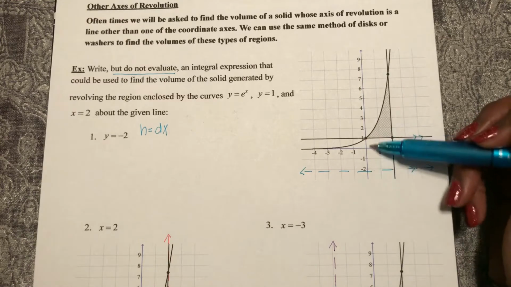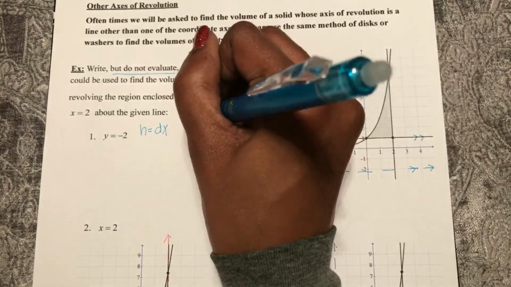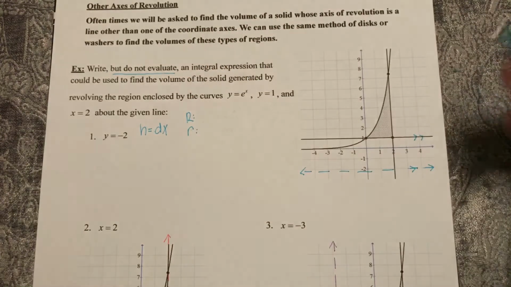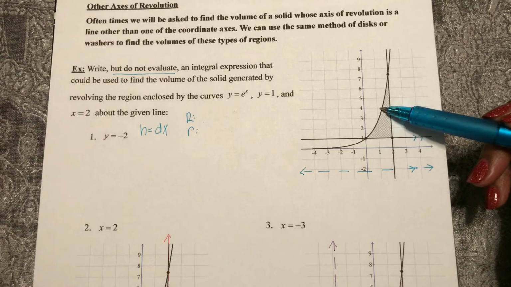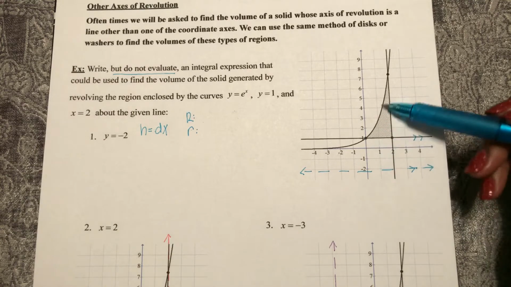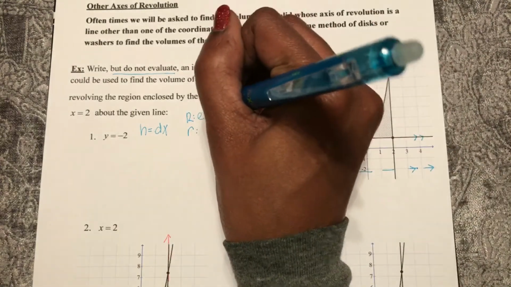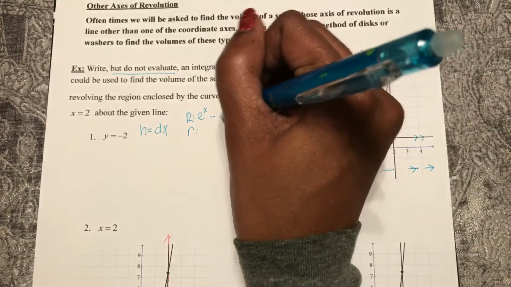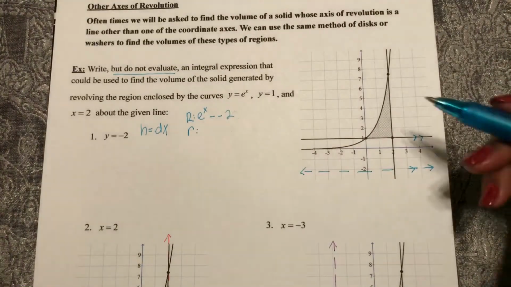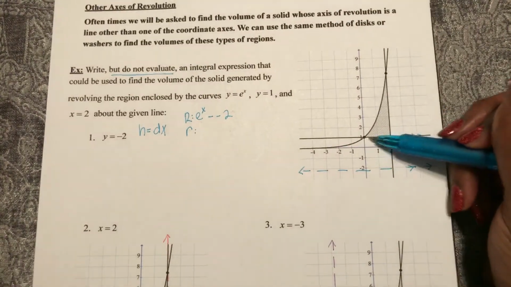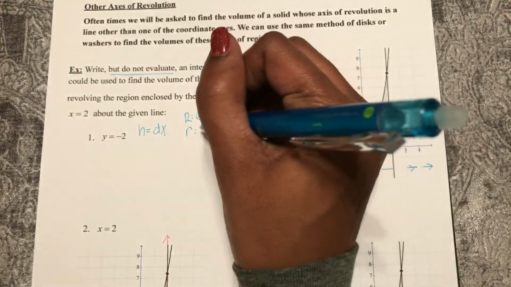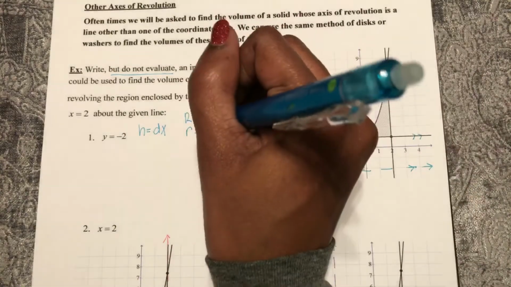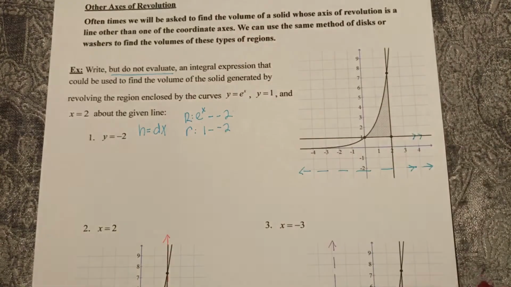So that means that I will need a washer, which means I need to look for a big radius and a little radius. So my larger radius is going to go upper minus lower, e to the x, subtracting our axis of revolution. And our little radius starts from here, 1, subtracting our axis of revolution, 1 minus -2.